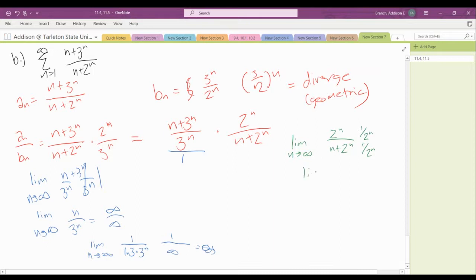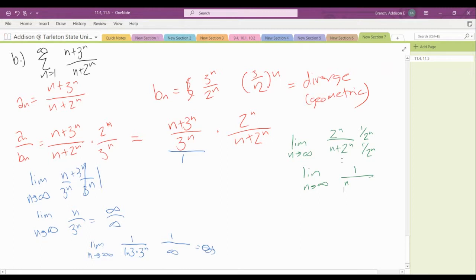So if we do this, we're going to get the limit as n approaches infinity of 1 over... wait, give me just a second. Okay, I just realized I had a math mistake on there. No big deal.